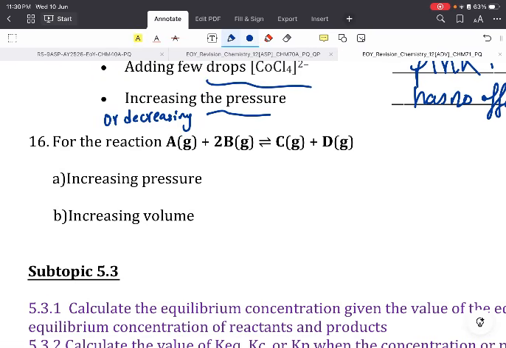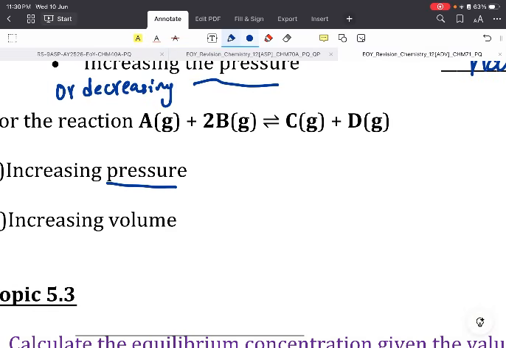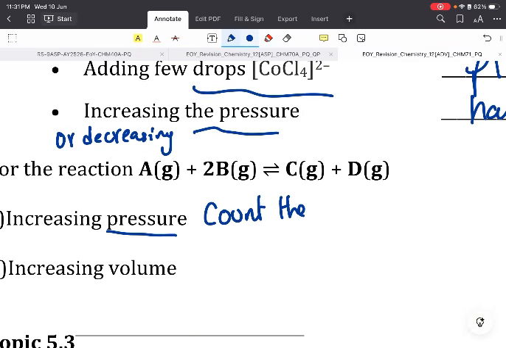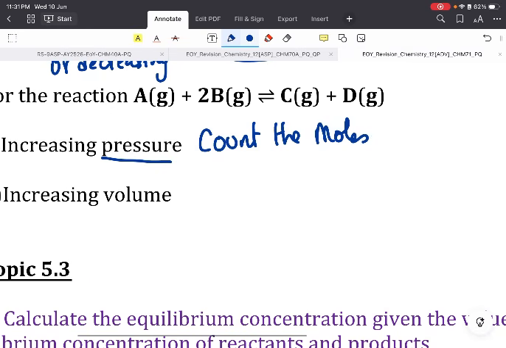Now again, another question, increasing the pressure. Whenever they ask about pressure, we count the moles of gas. I have here 1 gas and I have 2 gas.